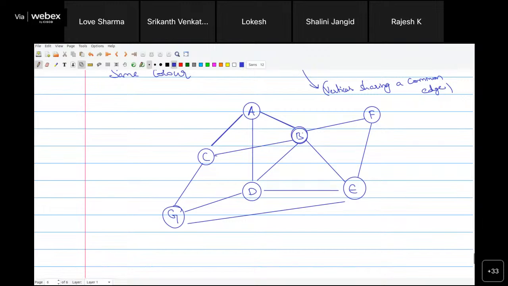A, C, D, E, F. Okay. So this is what adjacent vertices means. If they share a common edge, then they are called adjacent vertices.